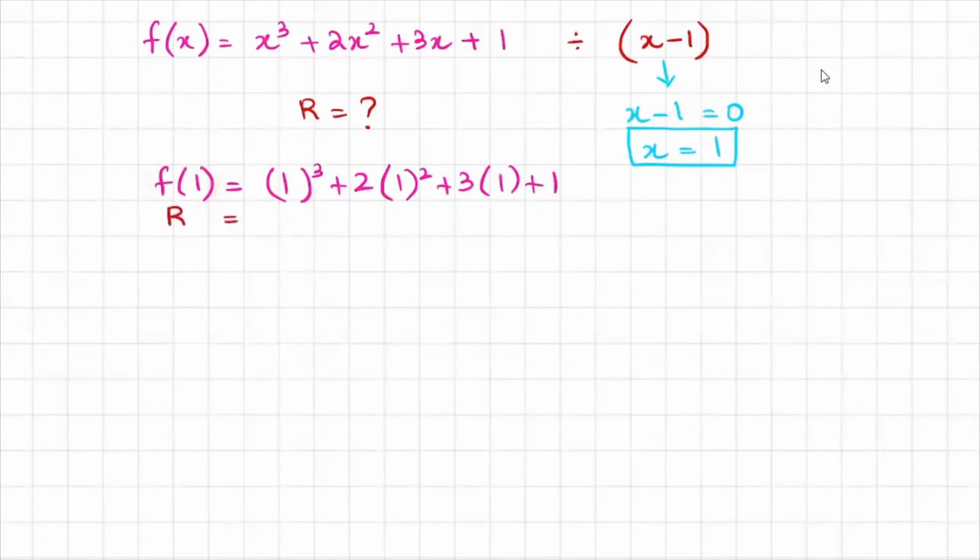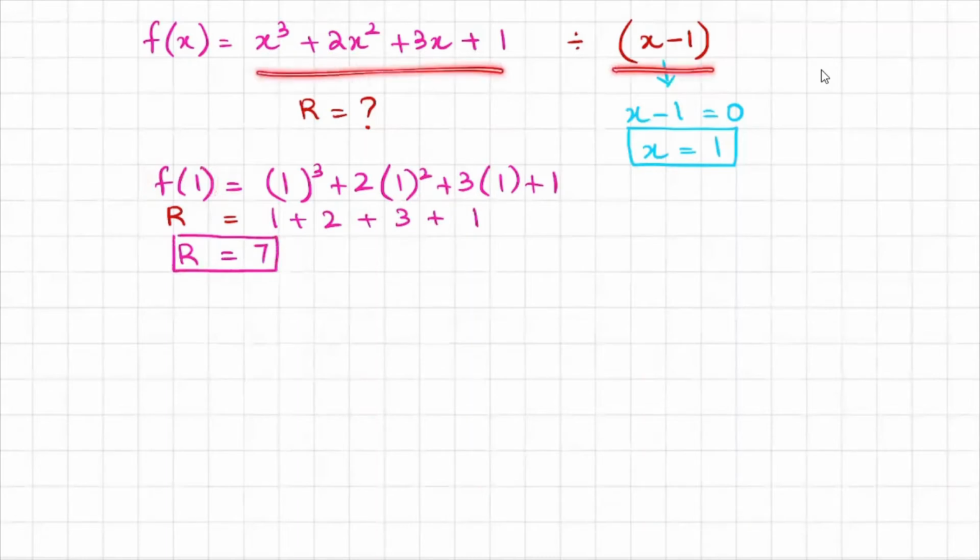This will be 1 plus 2 plus 3 plus 1. 1 plus 2 is 3, 3 plus 3 is 6, 6 plus 1 is 7. So the remainder is 7.